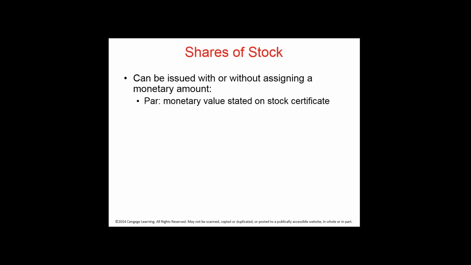Let's say, for instance, a stock had a par value of $1. But on the stock market, when we had our IPO, we sold that stock for $20. The dollar par value gives us a method of properly accounting for the stock and the additional money that we received when we sold that stock.